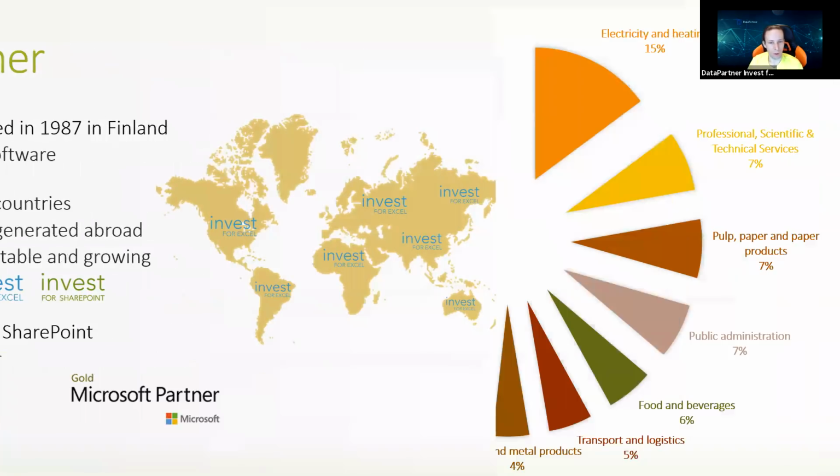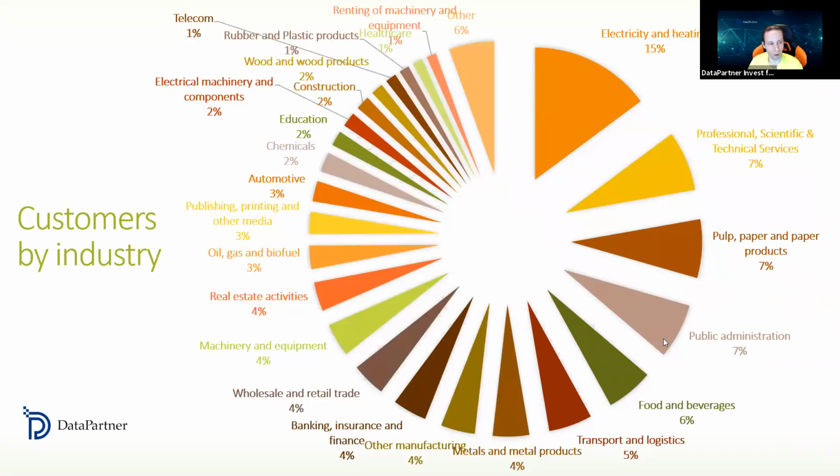All right. So here I have a slide about where the customers are coming from. As you can see, it's a very diverse mix of industries. It's just to illustrate that the same standard software can be used by any type of business.